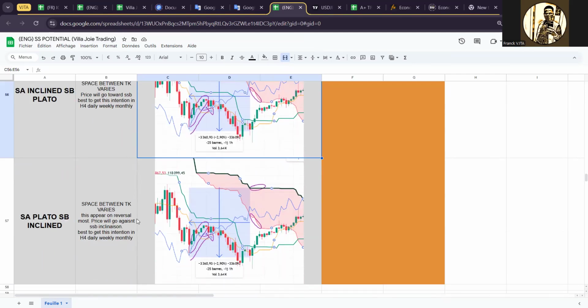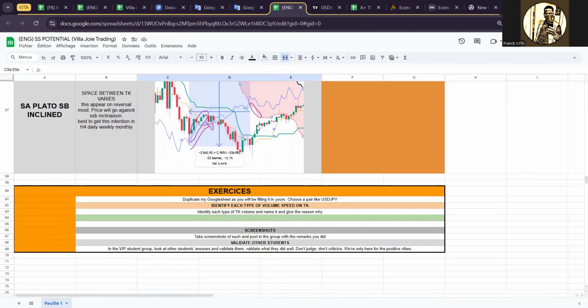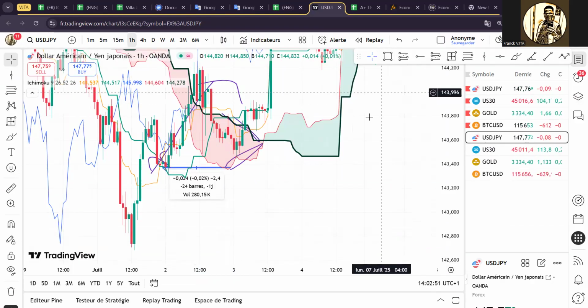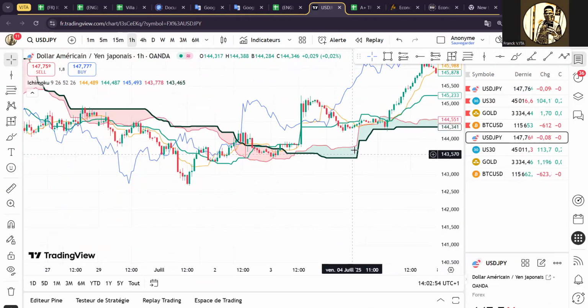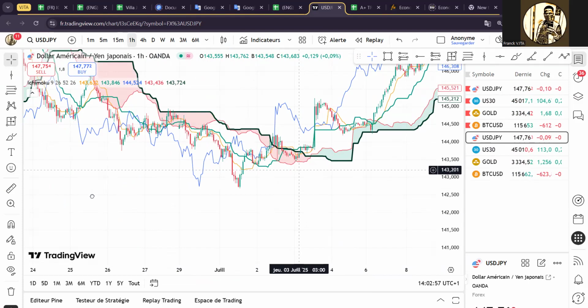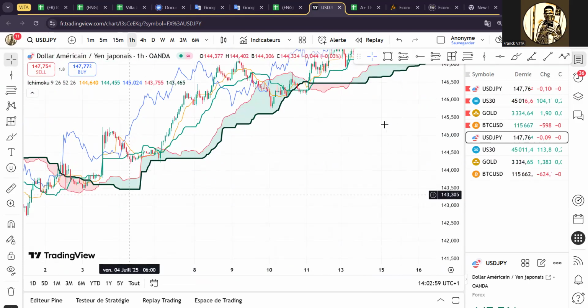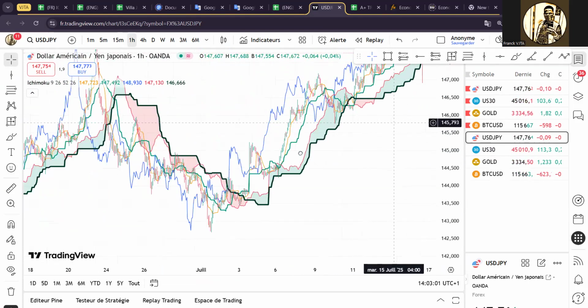And when SSA is plateau and SSB is inclined, the price will also reverse. So all of them are reversal scenarios compared to the deep trend. So with that said, let us do the live exercises.